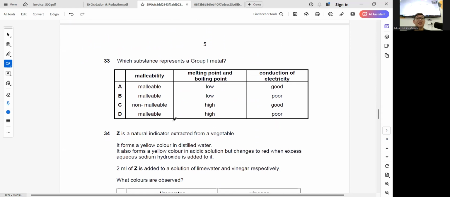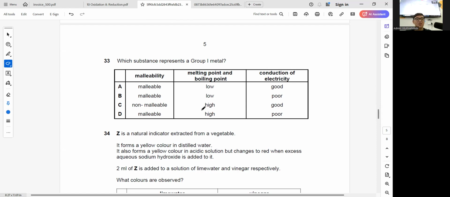33. I think I put A. I know it's not T for sure. Group 1 metal is a metal and all metals are malleable.